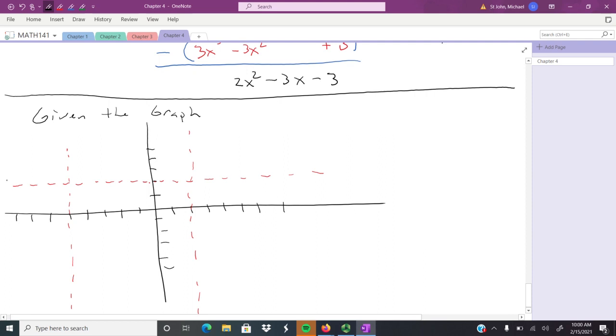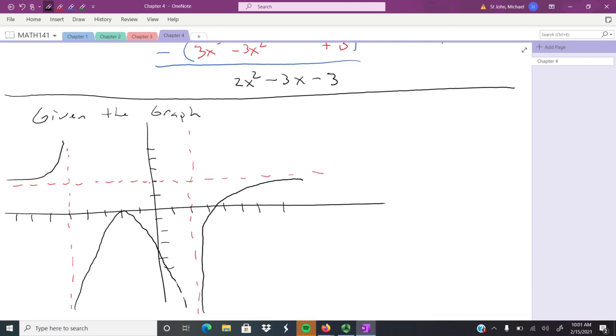So we have a curve going like this. We have this one, which comes up, touches, and goes back down. And then we have this one, which goes like that. Right? So there's my curves. So what is a possible function here?